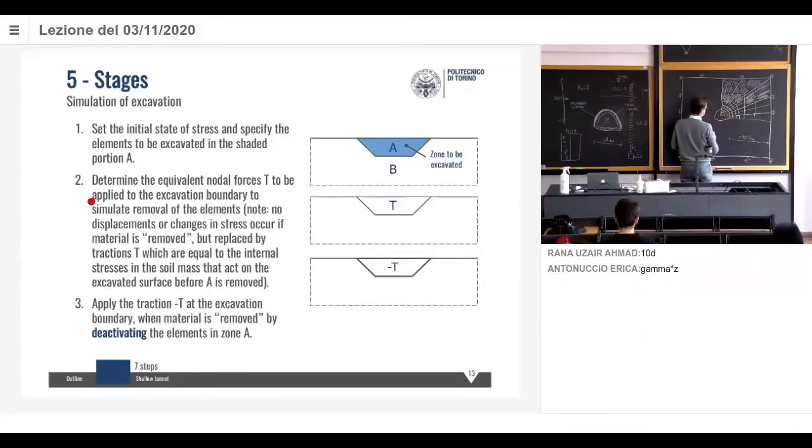Sorry, the mesh is really horrible. Okay, so we have the mesh inside there, and we want to say, okay, this is the area we want to excavate.